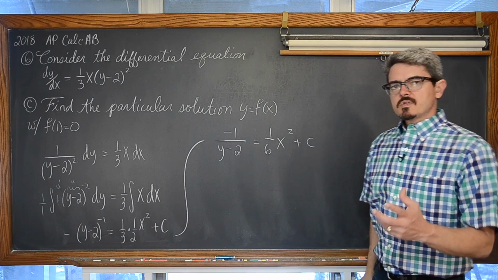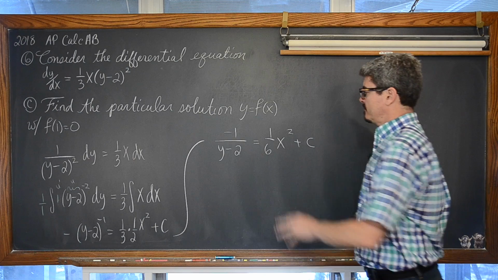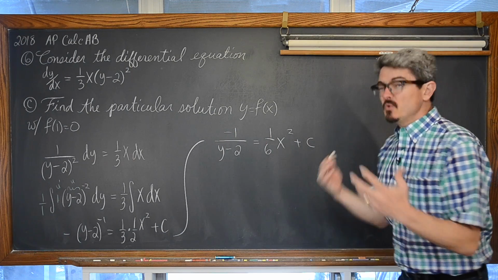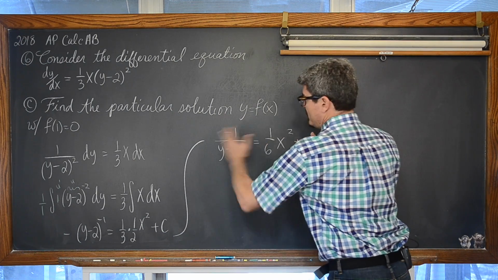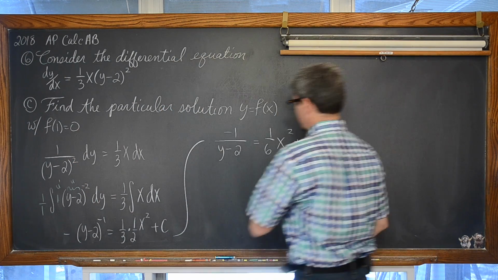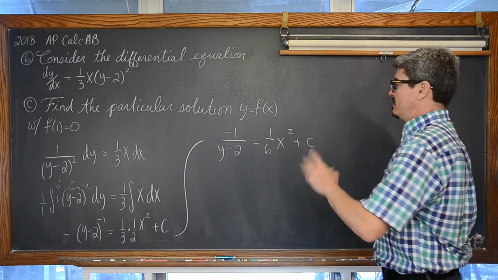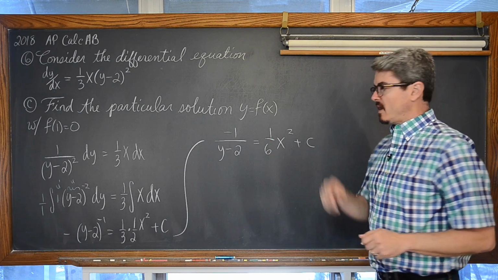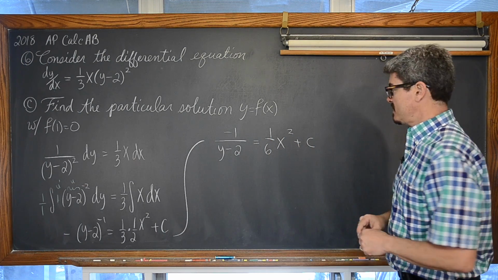you're going to save yourself the most amount of time with these problems usually if right after you finish the integration, you go ahead and plug in that x and y coordinate to help you solve for c. Don't clean this up for y first and then find out what c is equal to.